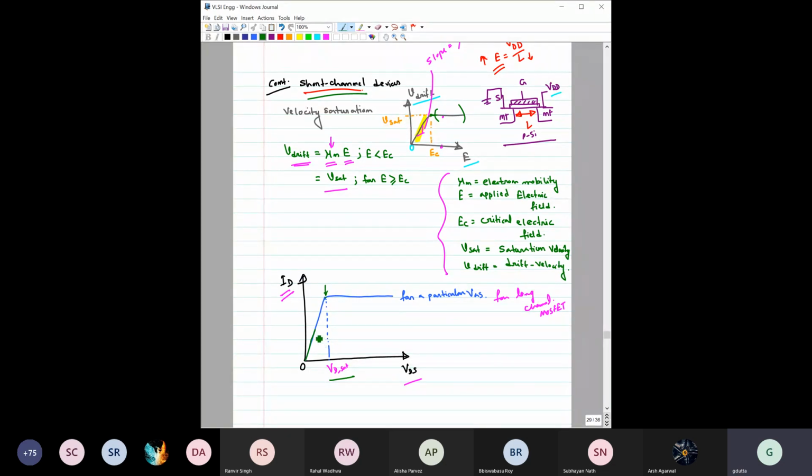The velocity of the carrier becomes constant, which means the current will also become constant. So as soon as you hit this point, you are going to see a saturation in current as well.